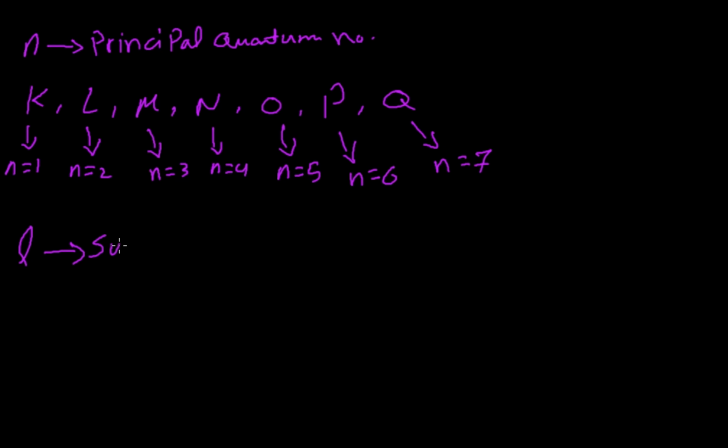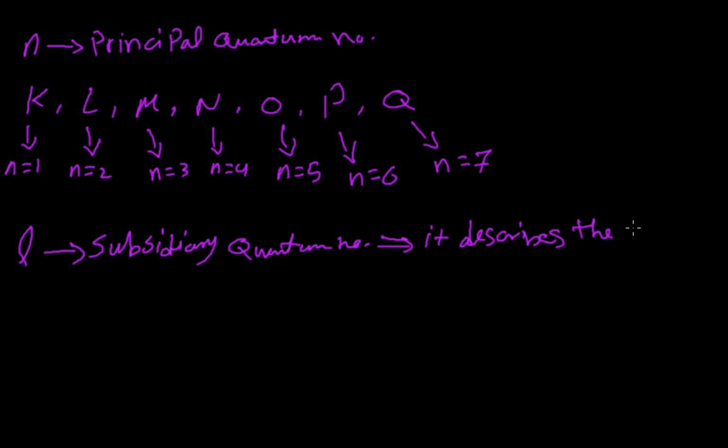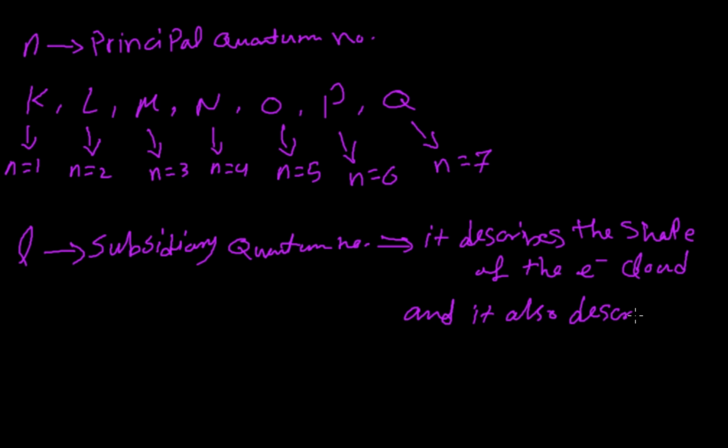The subsidiary quantum number describes the shape of the electron cloud, and it also describes the sublevel.